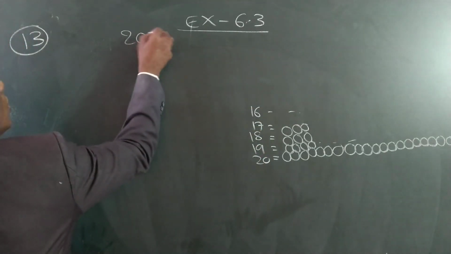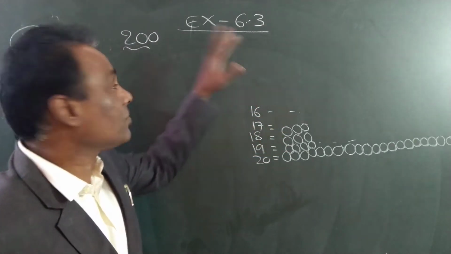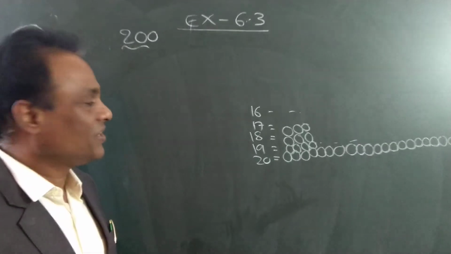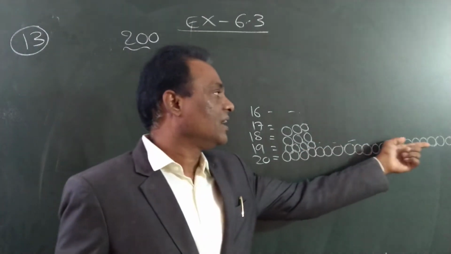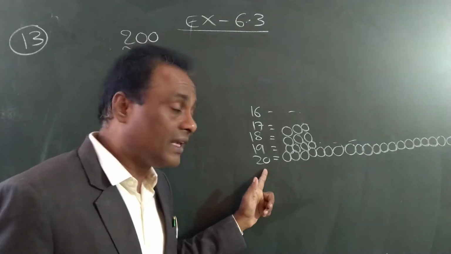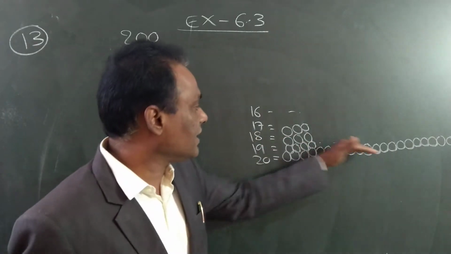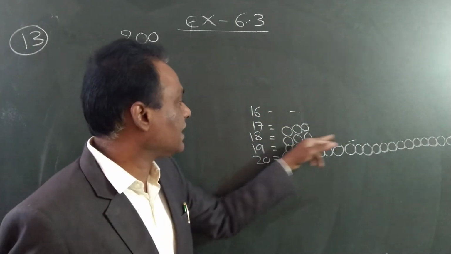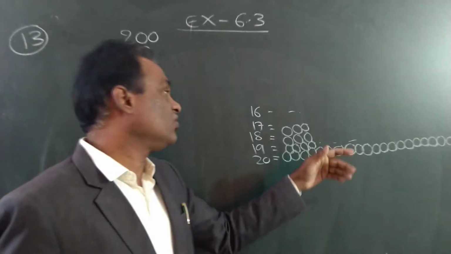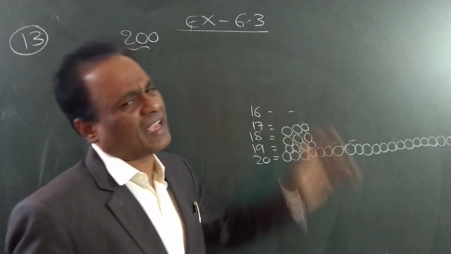200 logs. How many rows are required to keep the 200 logs? The bottom row has 20 logs, the second row from the bottom 19, the third 18, then 17, 16, 15, 14, 13, like that.